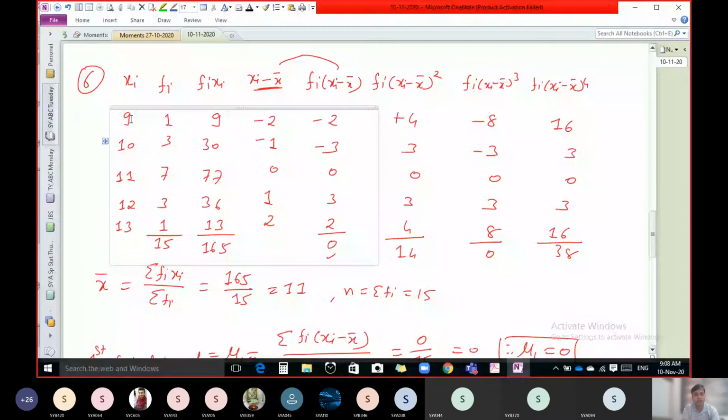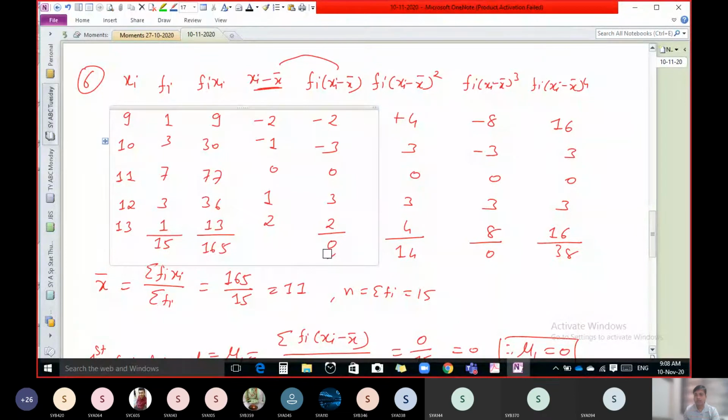9 minus 11 is minus 2, 10 minus 11 is minus 1, 11 minus 11 is 0, 12 minus 11 is 1, 13 minus 11 is 2. Now don't add this value because frequencies are given. Multiply this with frequency. 1 into minus 2 is minus 2, 3 into minus 1 is minus 3, 7 into 0 is 0, 3 ones are 3, 1 twos are 2.